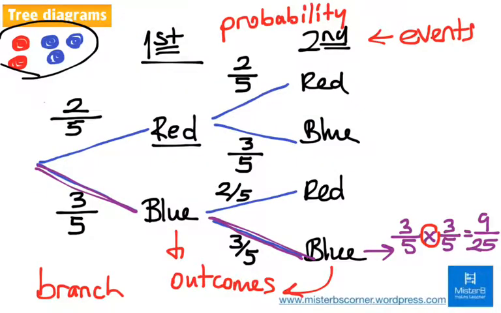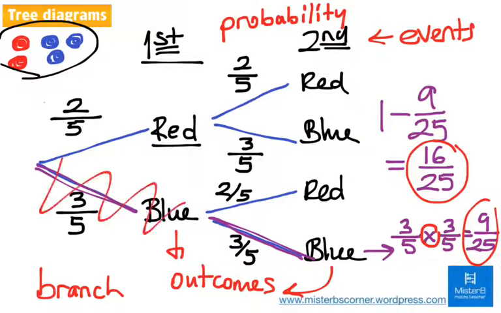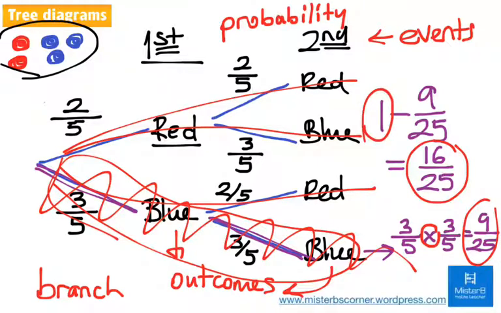Then basically, we would just calculate the probability of picking blue, as we did here, and then we would just go like, okay, now if I take that 9/25 away from 1, which is the sum of all the probabilities, right, then I would find, which would be 16/25 by the way, I would find the probability of not picking blue, because now I ignore this branch, and instead of calculating this branch, and that branch, so instead of doing 3 calculations and adding them, I just calculate this last branch and take away from 1 for not picking blue. Right.